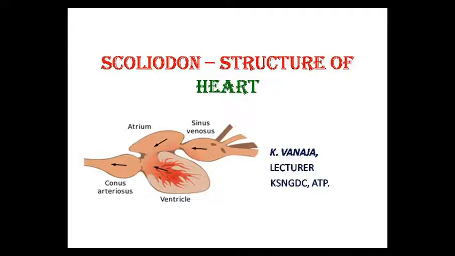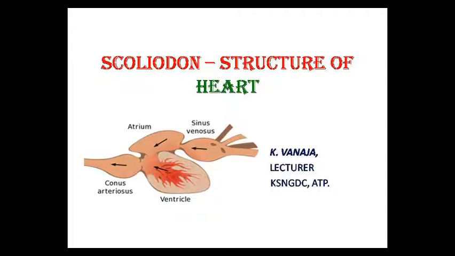But in the case of the human heart, there are two auricles and two ventricles. All of you know about that. In the evolutionary process, the two-chambered heart present in fishes evolved in higher animals like mammals as a four-chambered heart.